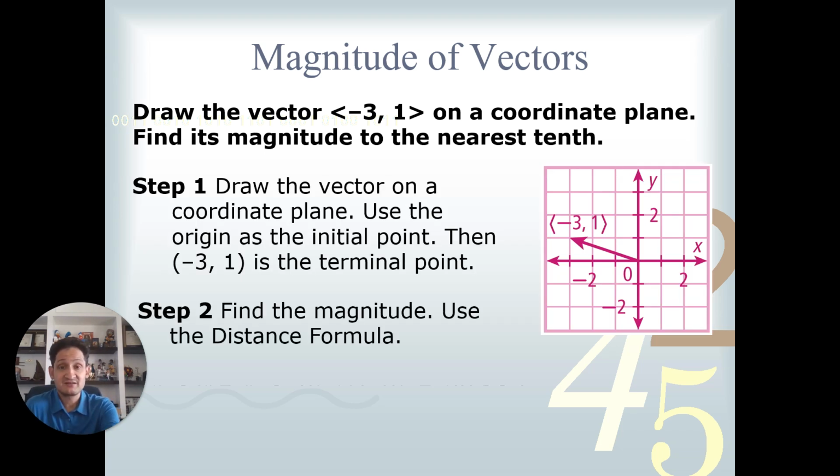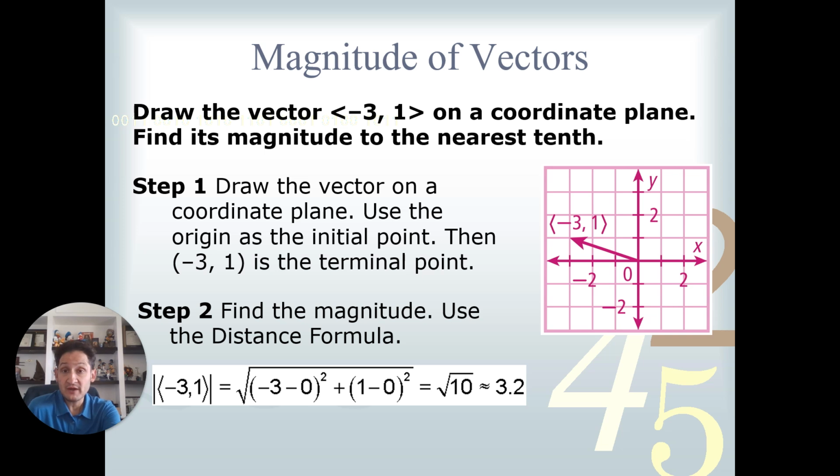It's root 10. 3.2-ish. Magnitude is just Pythagorean theorem. Direction is just inverse trig. We've been doing this for goodness knows how long. Not something we have to worry about. Shouldn't be, at least. Old stuff.